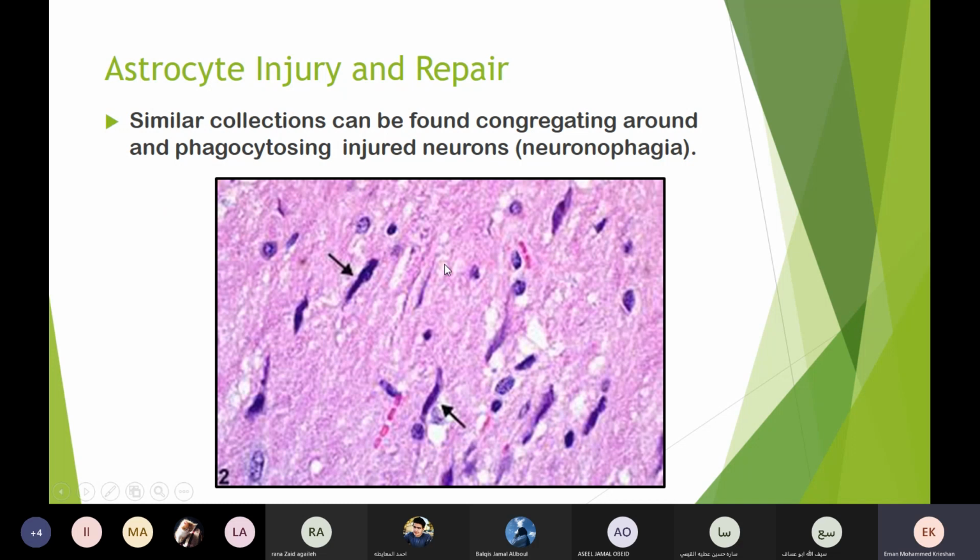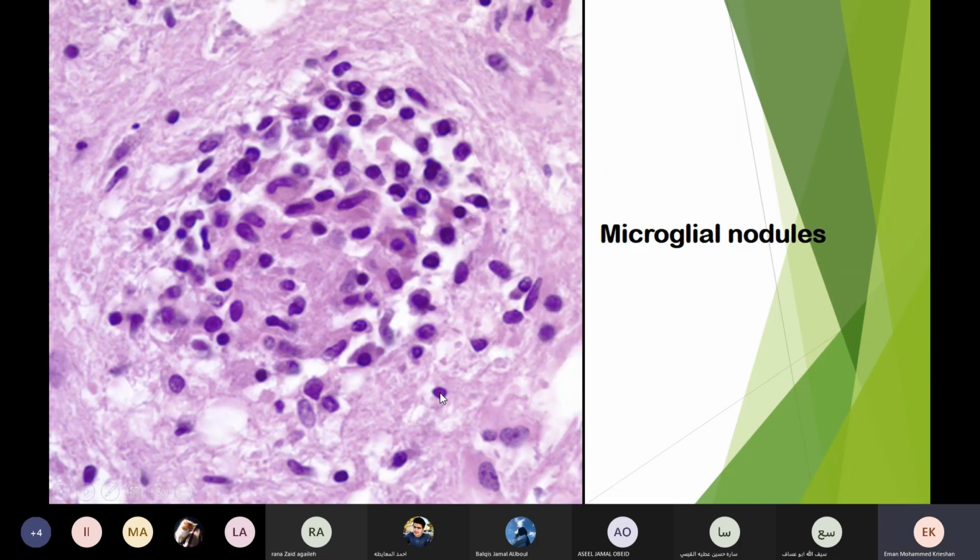Neuronophagia: the microglial cells, the macrophages, will come and start to repair the area of injury. They congregate around the injured neuron to phagocytose it. Okay, this is neuronophagia.